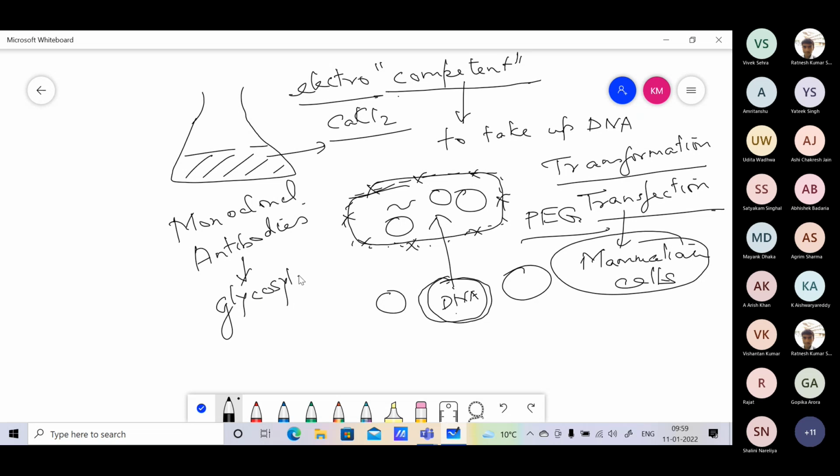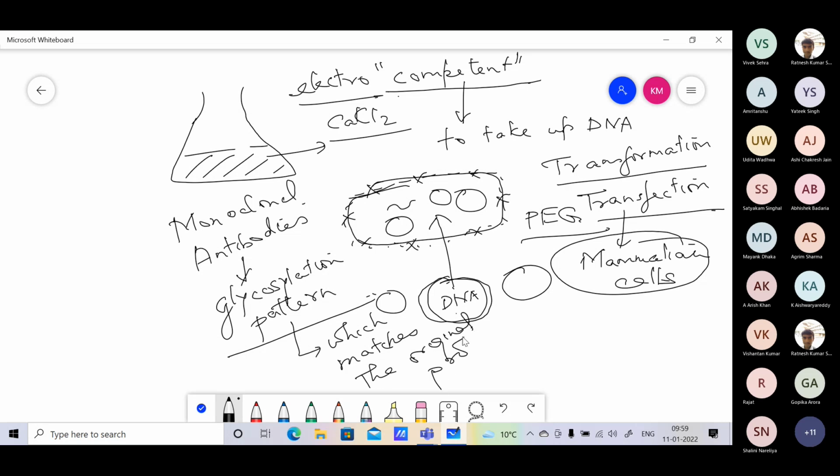They should have the glycosylation pattern. You heard of glycosylation? A specific glycosylation pattern which matches the human product, matches the original human protein. Otherwise, there are all kinds of immune reactions. So to get an exact glycosylation pattern, you need to use mammalian cells. You have to transfect them.